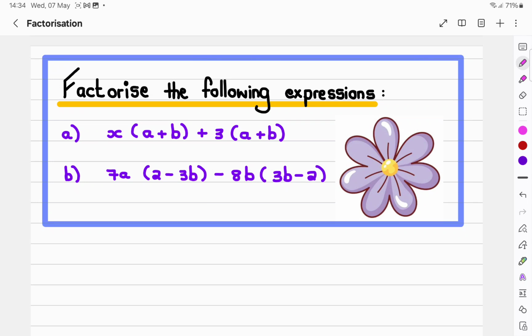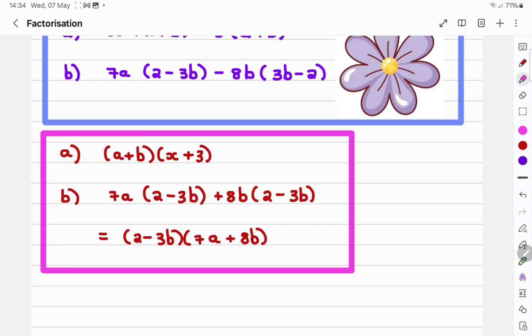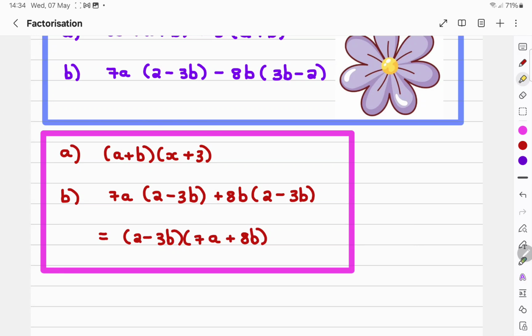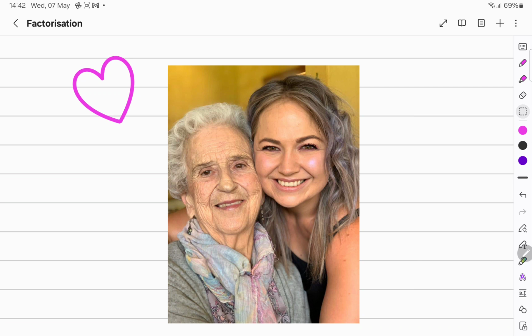So quickly press pause if you want to copy it, and unpause, and let's mark together. All right, and there's your 2 answers. I really hope that you got it right. Did you apply the sign change rule correctly? And did you swap the 2 terms and change the signs and then take out the highest common bracket? I hope so.